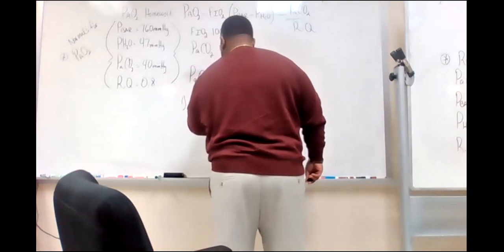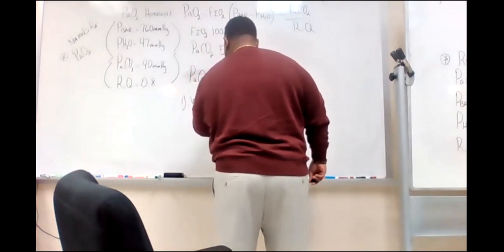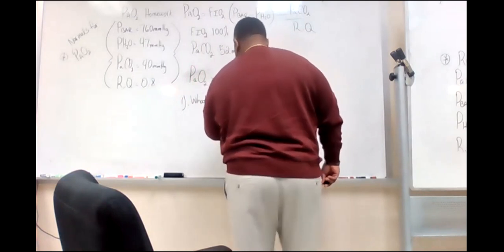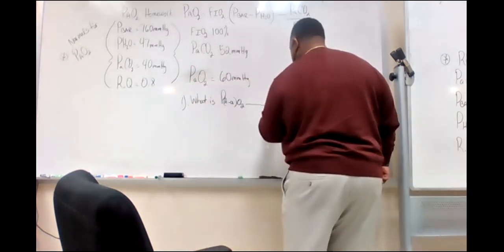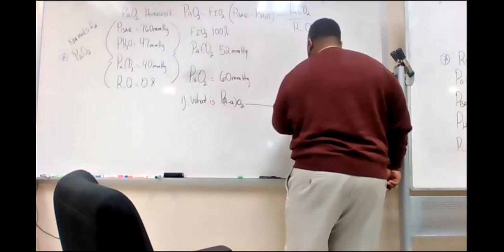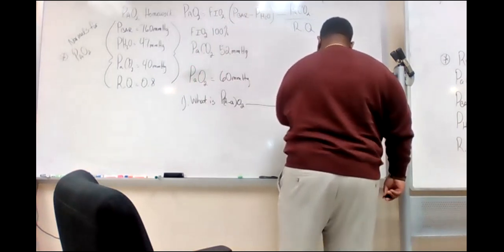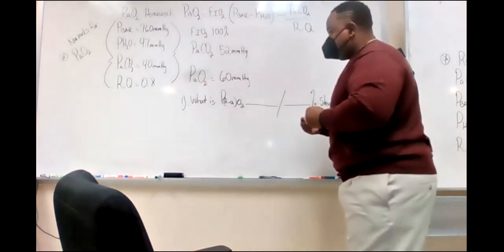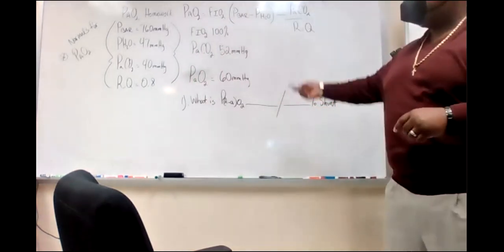My question is, what is his P big A little a O2, and what percent shunt does he have? These are his values.